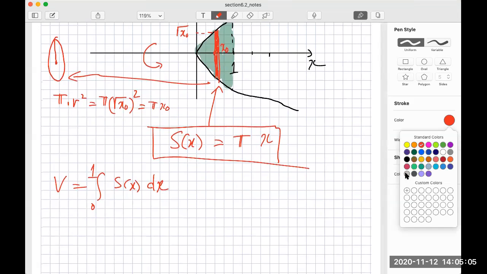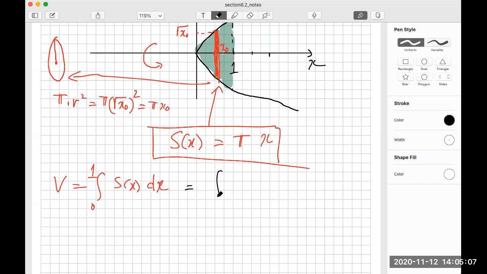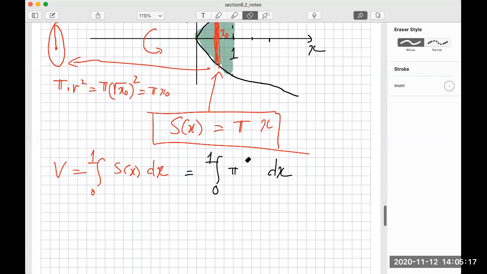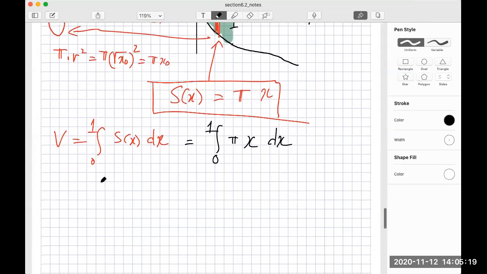So integral from 0 to 1 here, S(x) is pi x dx, okay? Pi is a constant, so we can take it out, right? Integral from 0 to 1 of x dx. So what is the antiderivative of x here? Perfect, x squared divided by 2.